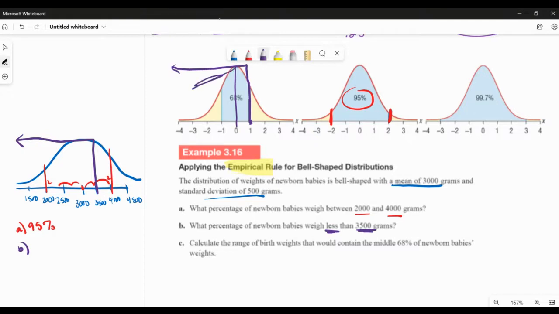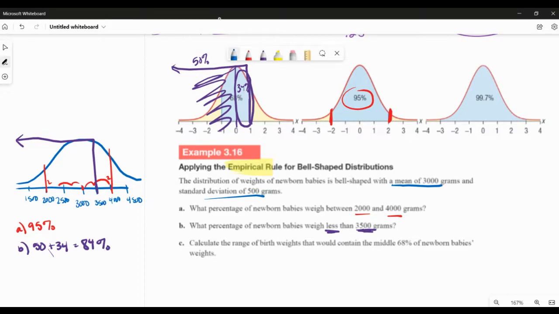I know this part is 50% of the data, and this part right here is half of 68, which is 34%. So I'm going to take 50 and add 34, and my final answer will be 84%.